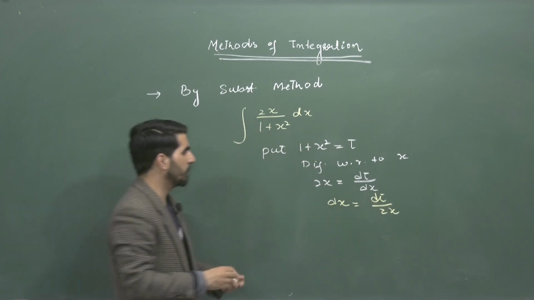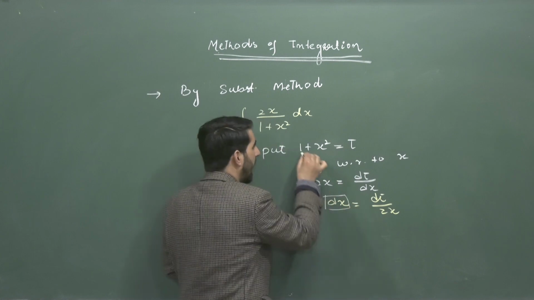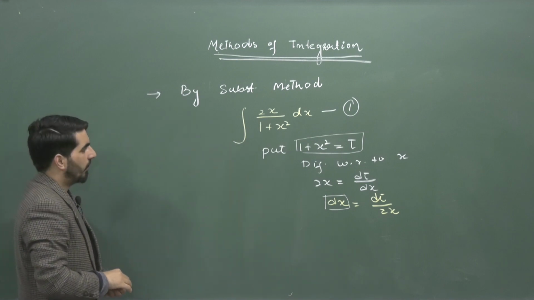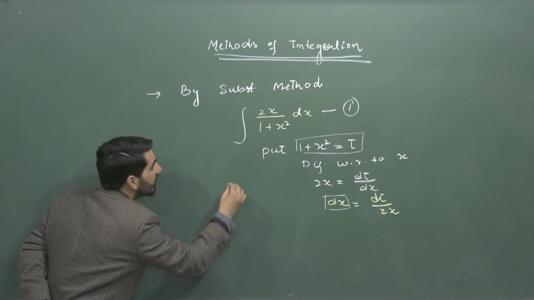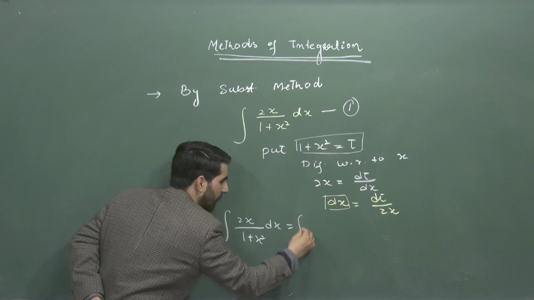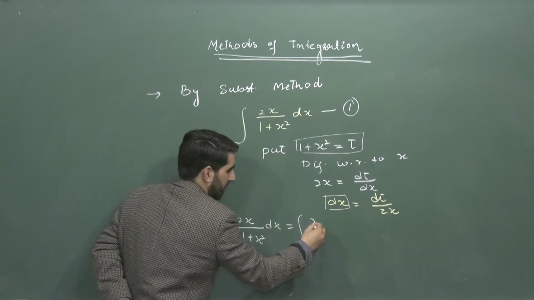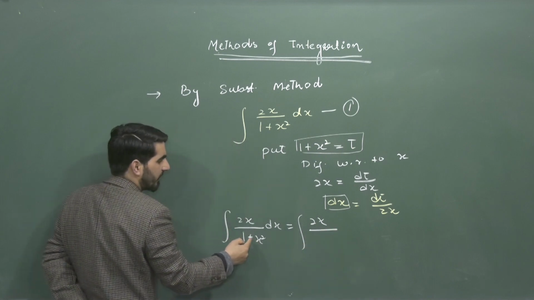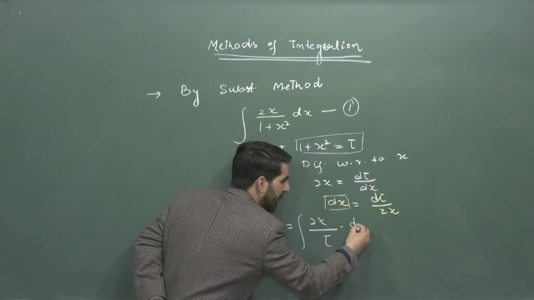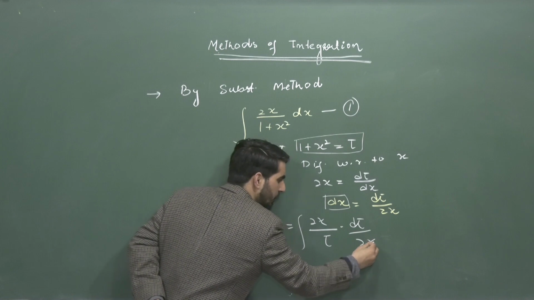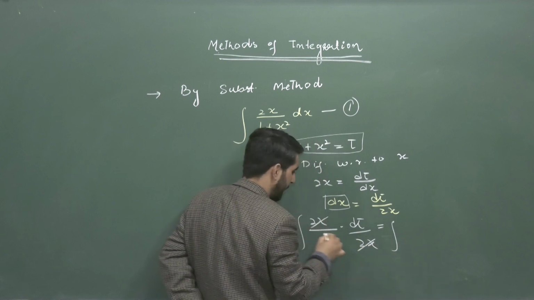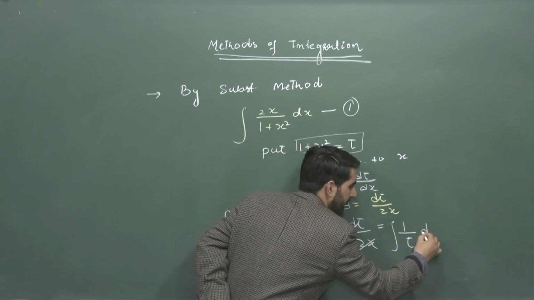Now putting the values of dx and 1 plus x square in the main function, integration of 2x divided by 1 plus x square dx is equal to integration of 2x divided by t, and for dx we write dt divided by 2x. This 2x cancels. So the integral becomes 1 by t dt.